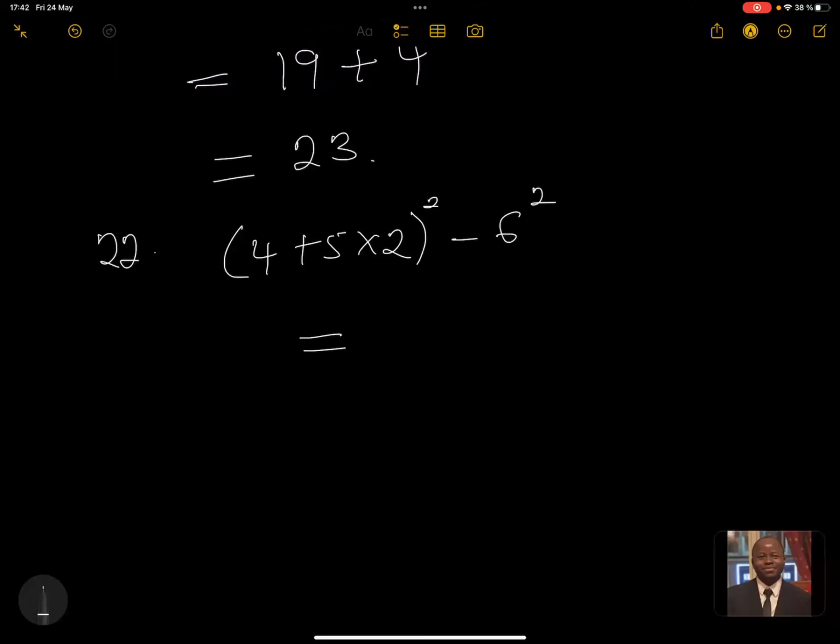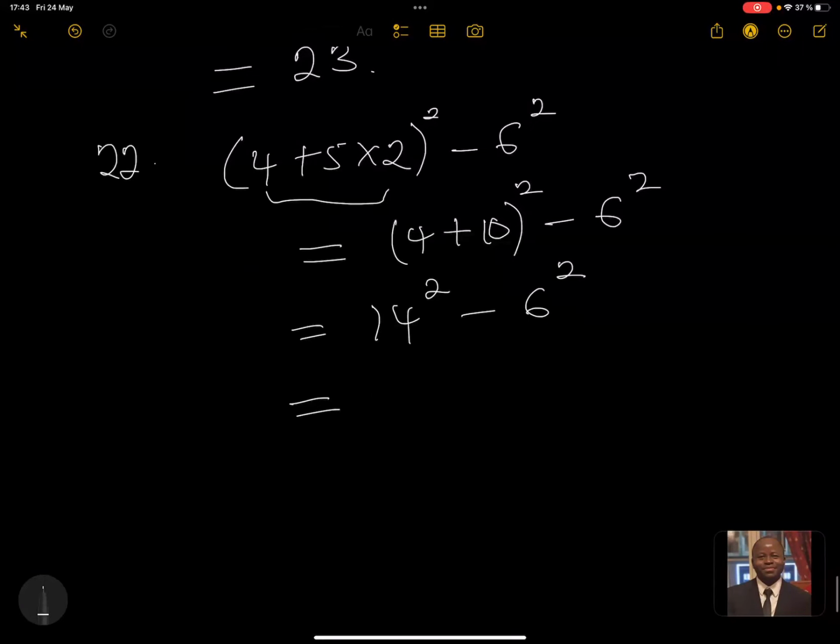According to the rule of PEMDAS, you deal with the one in the bracket. So I'm going to deal with what is in this bracket, and in this bracket, I can get 14 squared minus 6 squared.